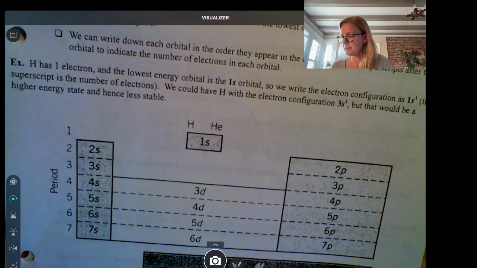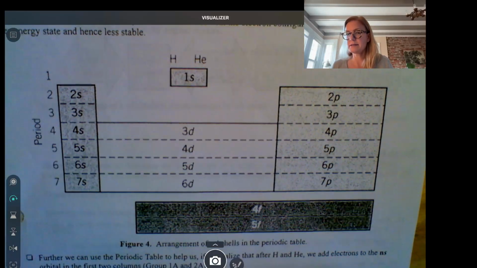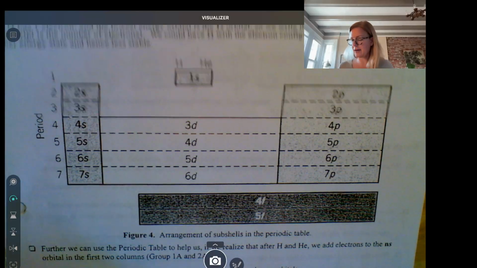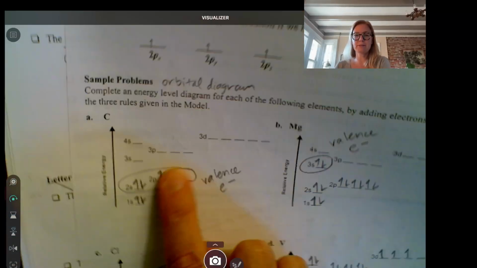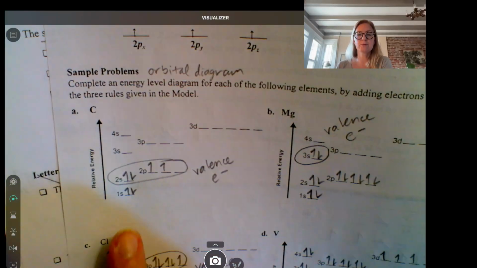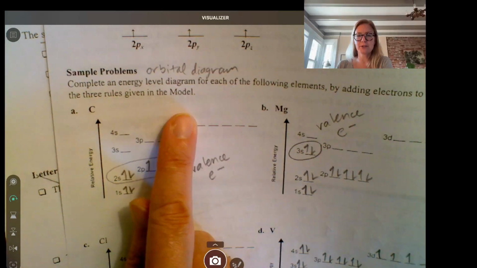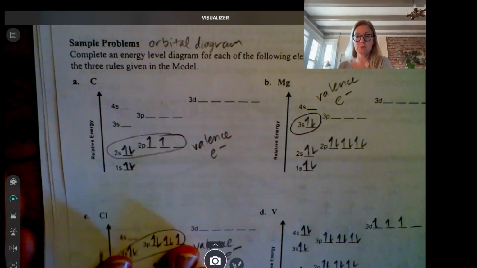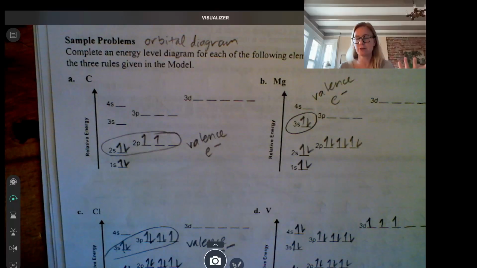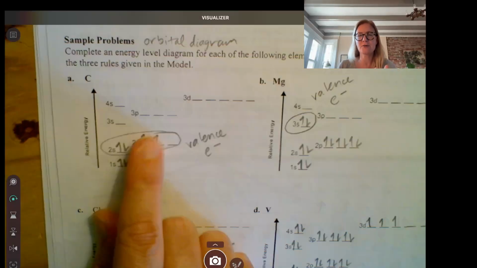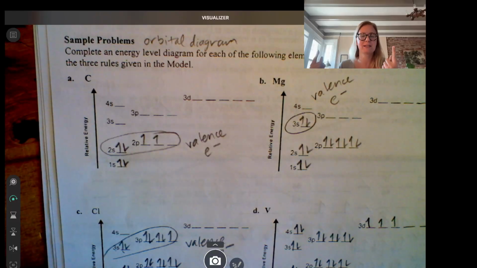Sometimes you will not always have an orbital diagram to trace. It's really nice if you have one of these to look at and you can work your way up. So let's say something has 21 electrons and I want to know the electron configuration. I don't even have to draw the arrows. I can just trace my way through until I get to 21.